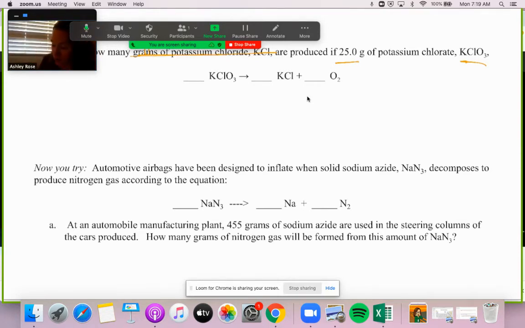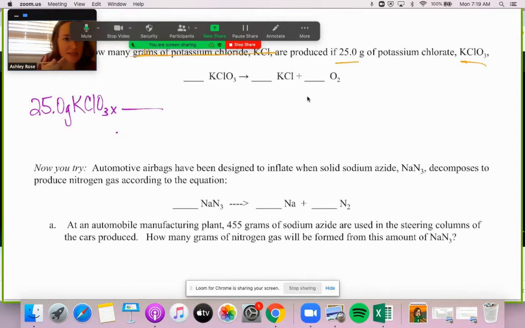So we are always in stoichiometry going to start with what's given in our problem. In this case, what's given is 25.0 grams of KClO3.